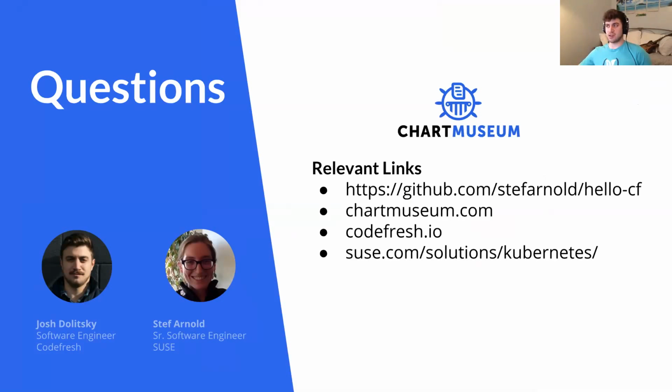Yeah, so I believe, Stef, correct me if I'm wrong, before you run helm package, you're supposed to run helm dep up, which will look at a file called requirements.yaml and requirements.lock. That will download the tarballs into a special directory called charts.